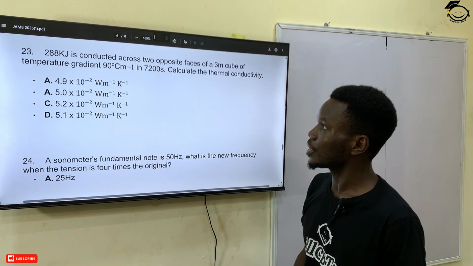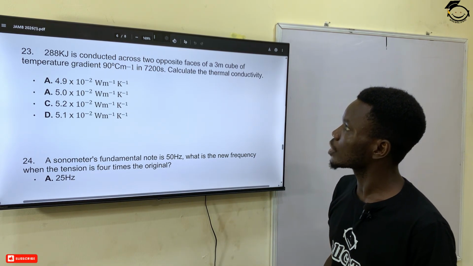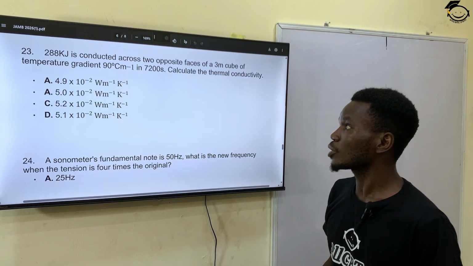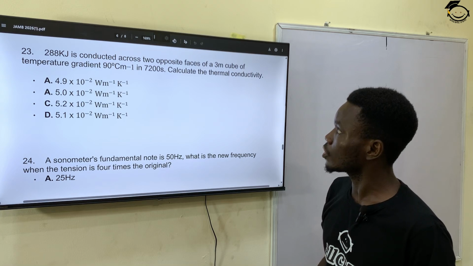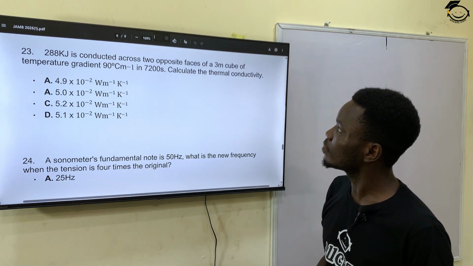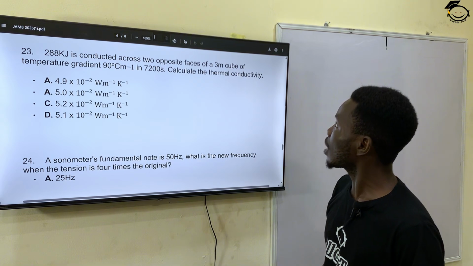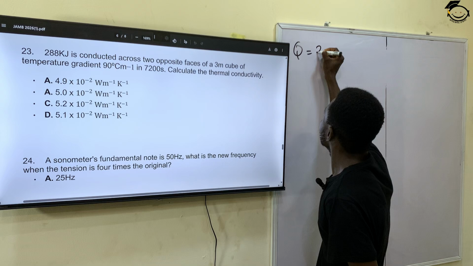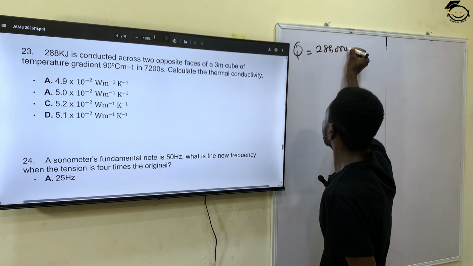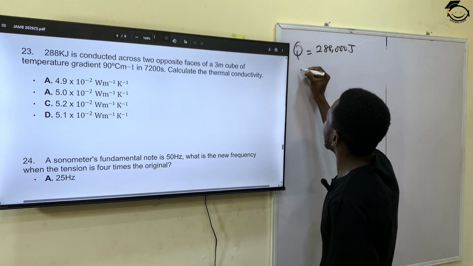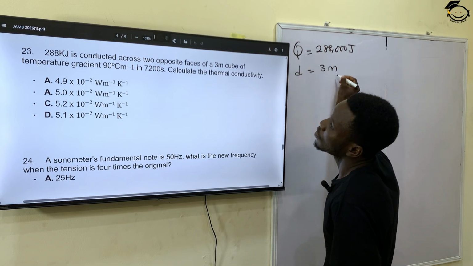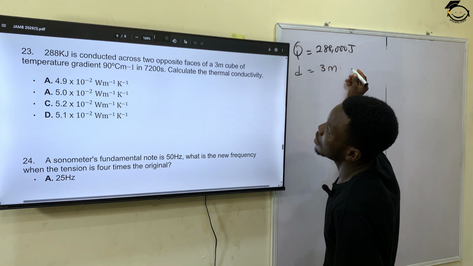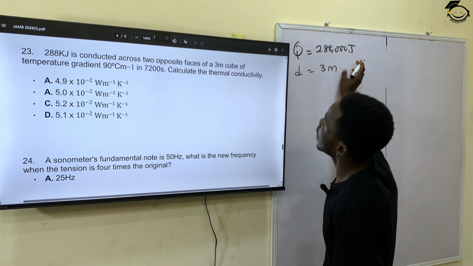Question number 23 says 288 kilojoules is conducted across two opposite faces of a 3-meter cube of temperature gradient 90 degrees Celsius per meter in 7,200 seconds. Calculate the thermal conductivity. So we are given the quantity of heat as 288,000 joules, and the depth is 3 meters, which is also the length or depth.